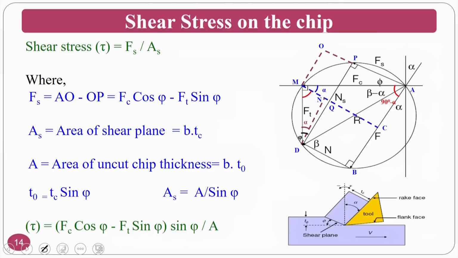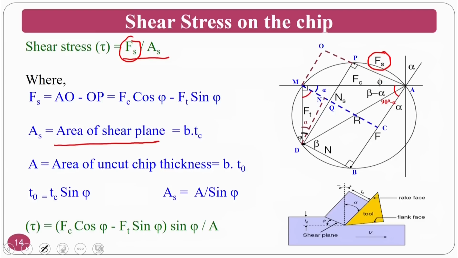Now the shear stress is nothing but Fs by As. I already saw what is As, that is the area of the shear plane. Now we have to calculate Fs. So Fs is nothing but this one. This is my Fs.